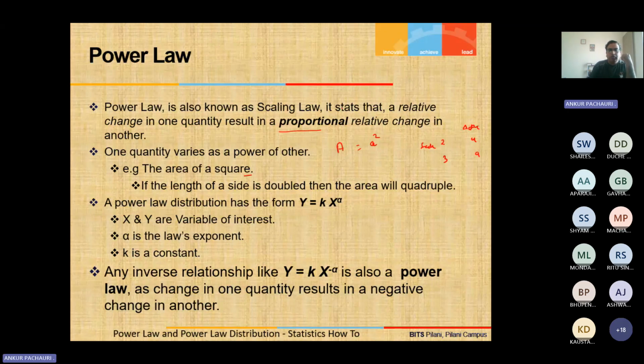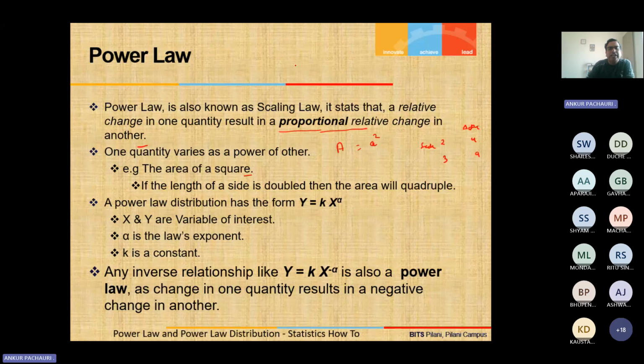So power law is known as a scaling law. A relative change in one quantity results in a proportional relative change in another. If this relation holds, then that type of law will be called a scaling law. It is not necessary that it should always be a positive one.